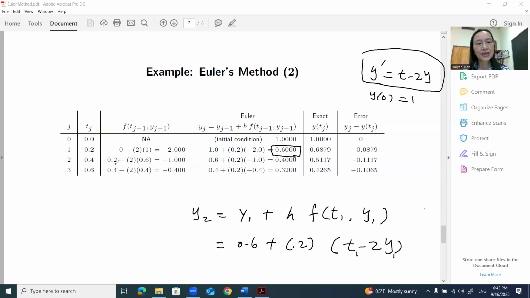T1 is 0.2, and Y1 is 0.6, which we found already. So we use 0.2 minus 2 times 0.6. That is our right-hand side function.